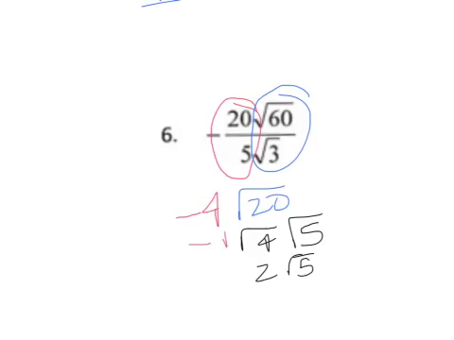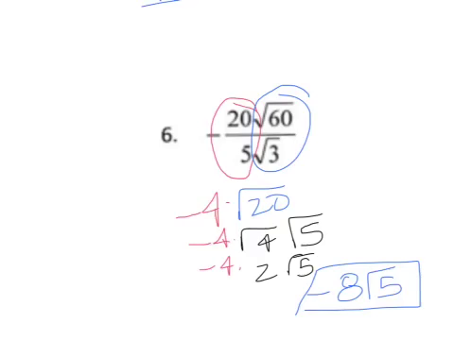And when I multiply it by negative 4, I wind up with my final answer of negative 8 root 5. So that's the correct answer there. Notice this one required a little bit more simplification when you thought you were done.